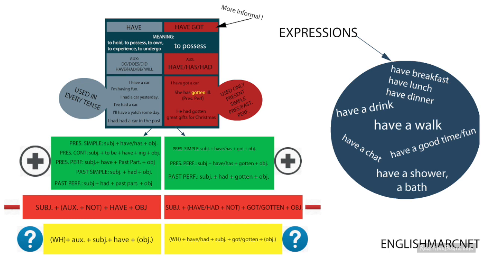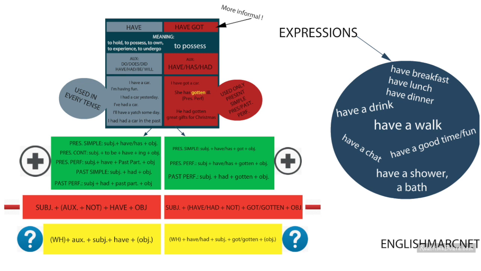This is for the negative sentence. With have got, for the negative sentence, we need the subject plus have or had plus not plus got or gotten plus object. It can depend here if it's in the present or the past perfect or the present perfect. So let's take note of that.